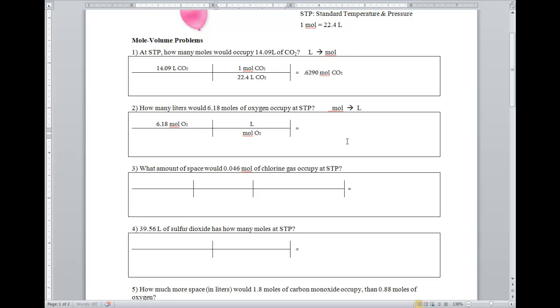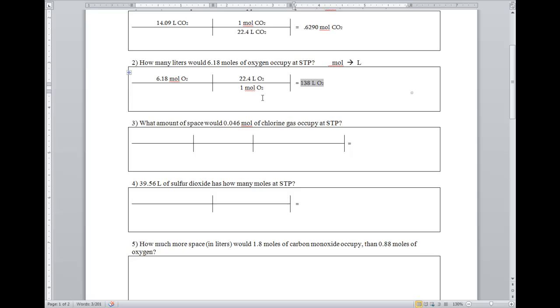We want to convert to liters, so we put liters of oxygen up here. What is the relationship? Well, at STP, 1 mole of any gas is equal to 22.4 liters. Your start value has 3 significant figures, therefore your answer should have 3 significant figures, giving you 138 liters of oxygen. That's simple.